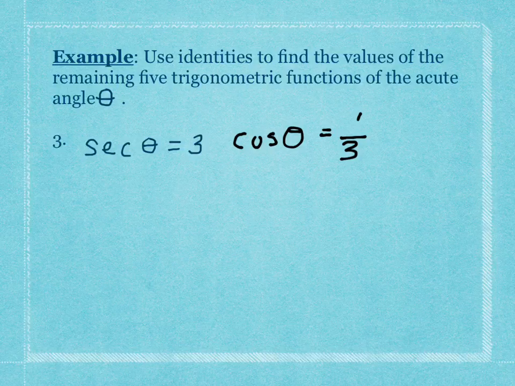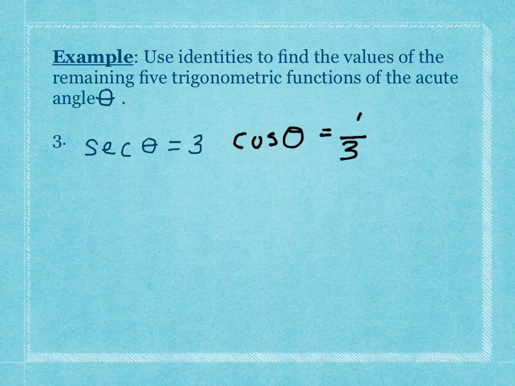Now, the other options do not include drawing a triangle in this case. Okay, that was the method we did last time. What we want to do is employ the different trig identities that we just talked about. So we have quotient identities, Pythagorean identities, and reciprocal identities. Well, reciprocal identities can't be used any further right now because I already did them. Okay? So we're going to use a Pythagorean identity.